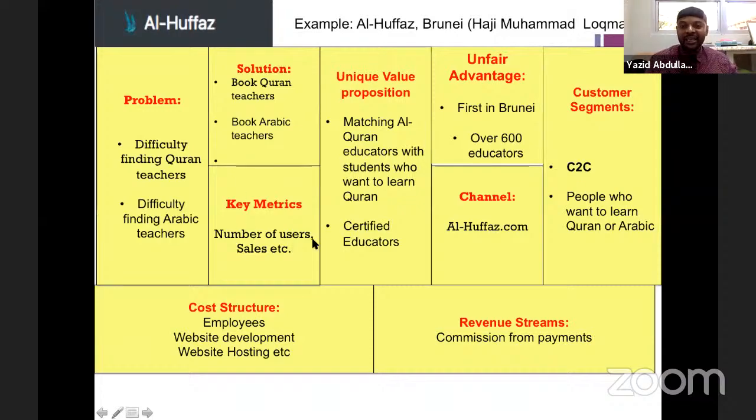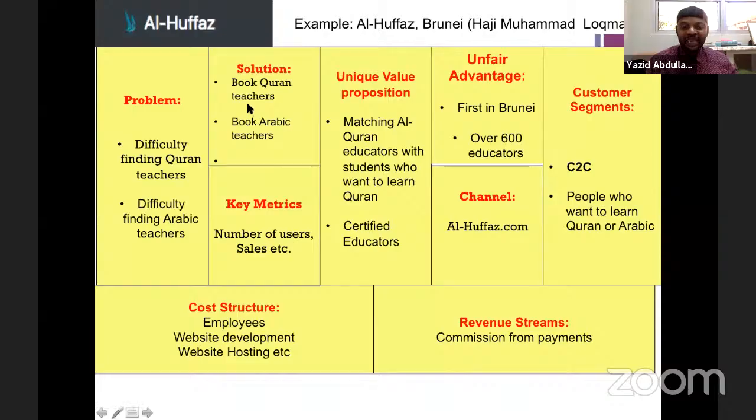Now you can see that using the business model canvas, we've been able to describe the business model of Al-Hufaz in a single page. We now know the value proposition of Al-Hufaz, so we start with the problem. The problem that they're trying to address is that many people face difficulty in finding Quran teachers and Arabic teachers.